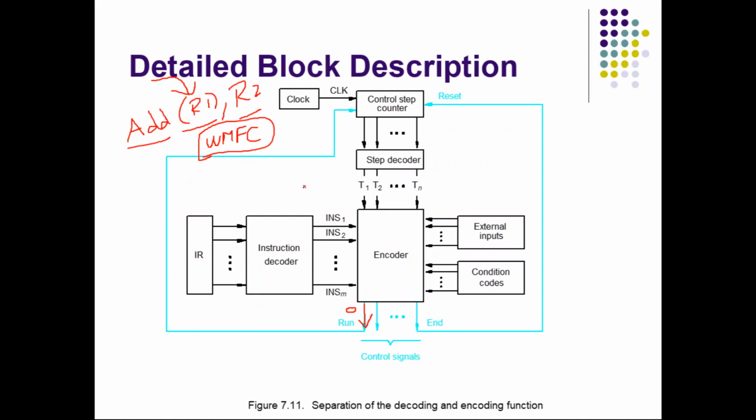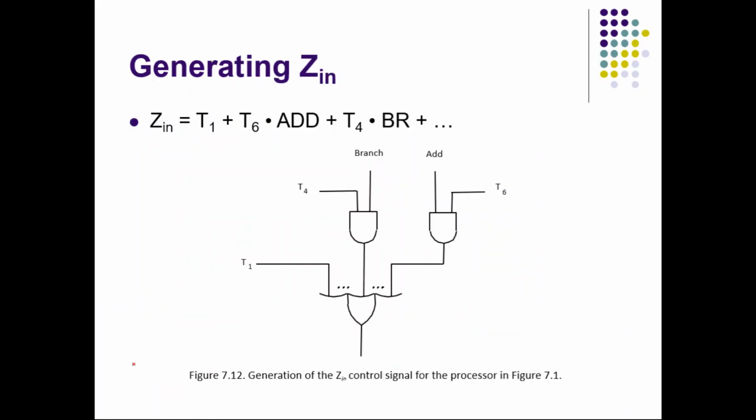It is not proceeding. Once the read is successfully completed, run will be enabled so that the control step counter will increment, and the set of tasks in the next clock cycle can be executed. Fine. So let us see how this hardware control actually works with some examples.